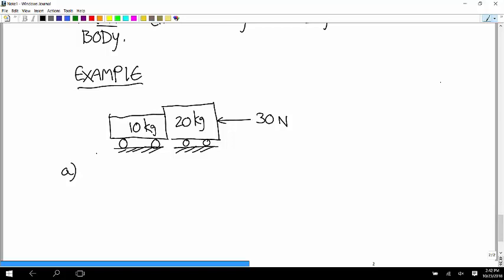And here, you can imagine if these two things are rigid and you apply a force to the right side of the 20 kilogram box, they're going to accelerate the same. They're going to just move as a single unit. So calculate the acceleration vector of the carts.